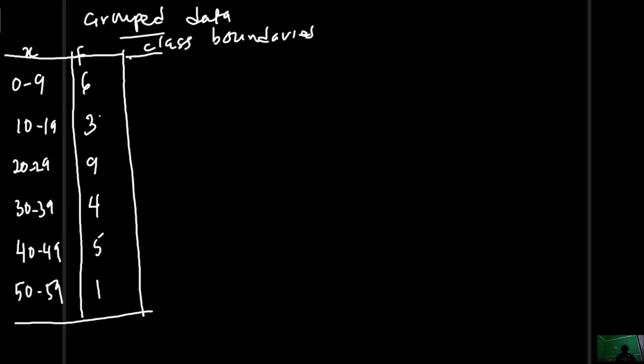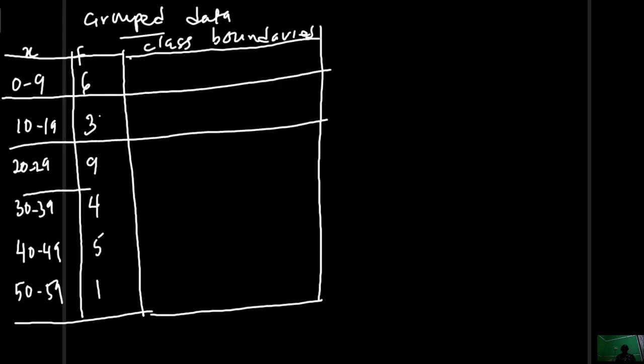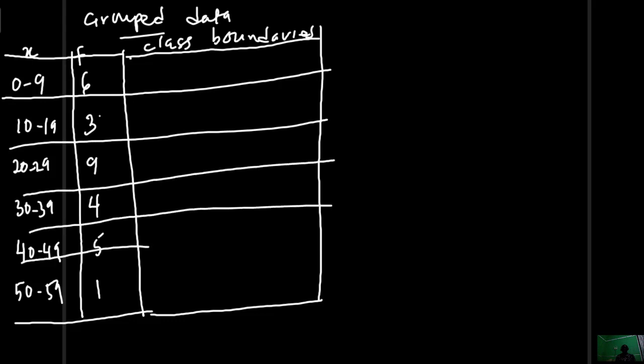The class boundary is just that we subtract half from the lower, then add half to the upper. The same thing as we did for the histogram, we do the same for the cumulative frequency curve using grouped data. So it will be minus 0.5 to 9.5. Then here will be 9.5 to 19.5.